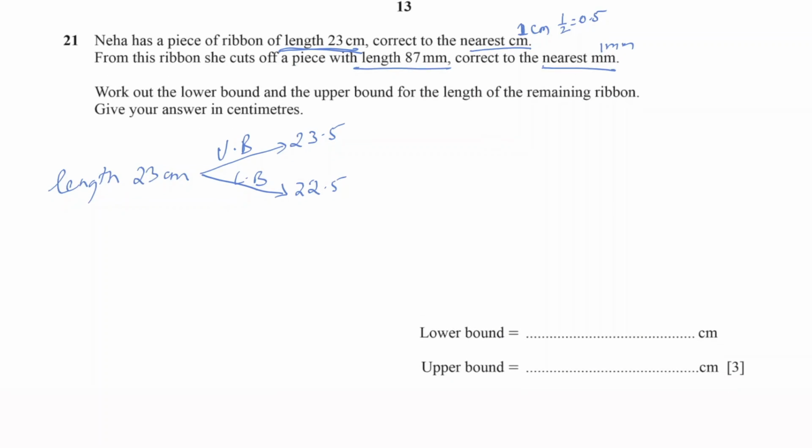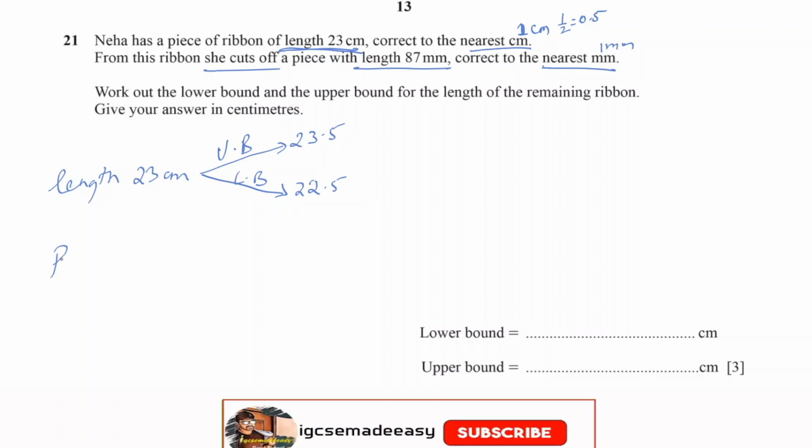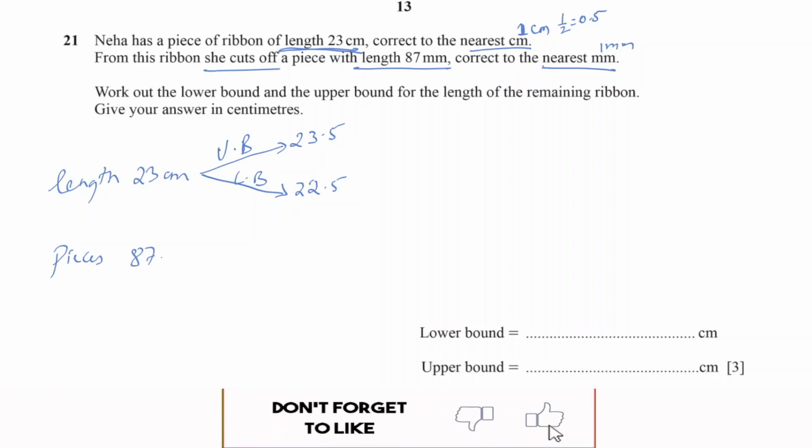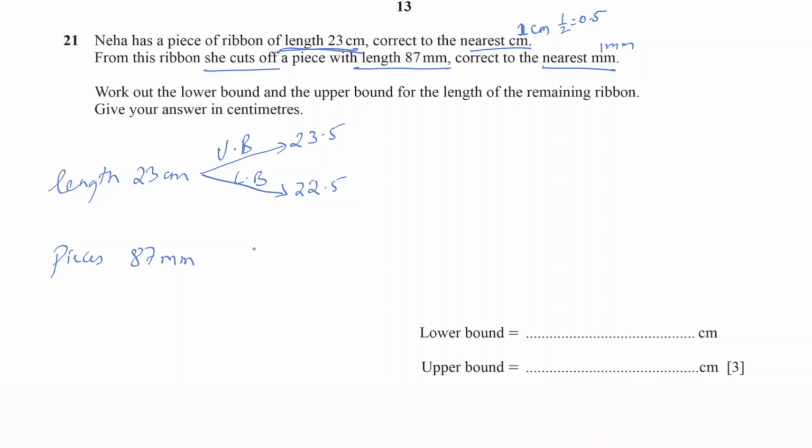So same way, she also cuts some pieces from that. So let's write pieces, and that is also not the exact length. That is 87 she cuts from the total length. So what will be the upper bound for that case? Because it is in nearest 1 millimeter, we take half of that, 1 by 2. If it was 2 millimeter, then we should have divided 2 by 2.